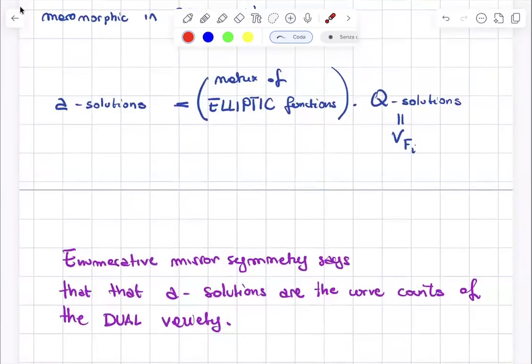We have some power series expansion in the formal variable, and with respect to this formal variable the expression will be regular, but it will be meromorphic in the equivariant parameters, we have poles there. On the dual side, we can instead obtain solutions where the roles of A and Q are swapped.